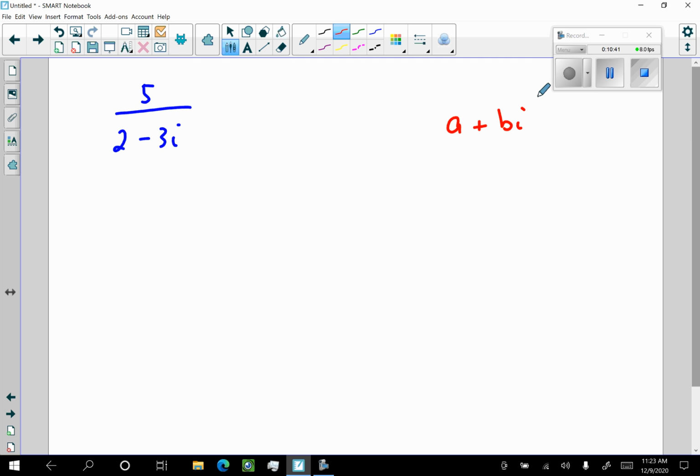I'm going to look at the conjugate of the denominator, the conjugate of 2 minus 3i. And what is the conjugate of 2 minus 3i? The conjugate is going to be 2 plus 3i. Those are conjugates.